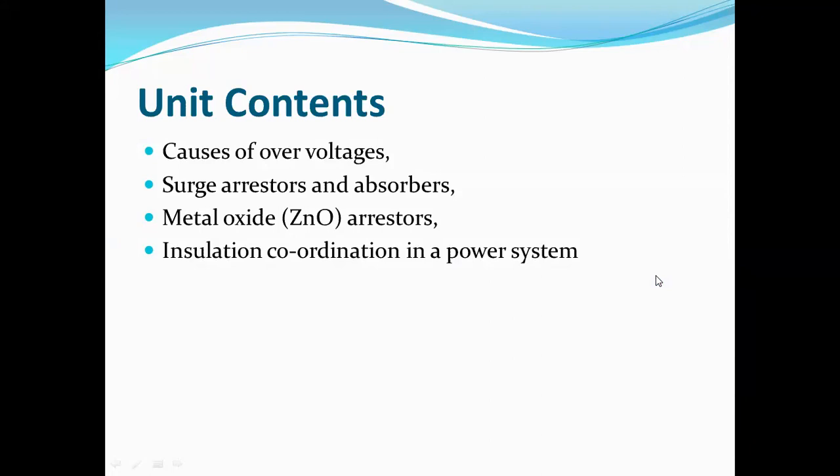If these over voltages are occurring, they are affecting our power system. That's why we use these surge arresters and surge absorbers, so that these over voltages can be limited and we come back to the normal condition.